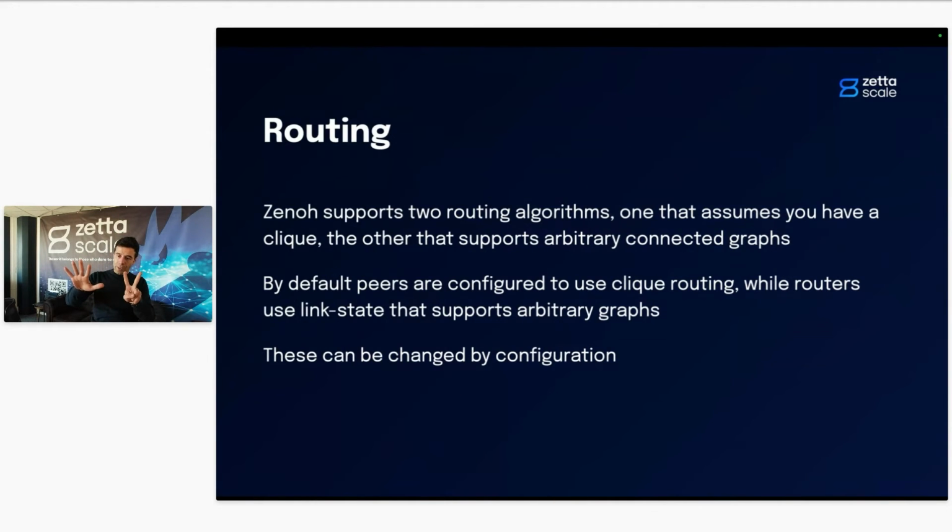And we have two routing algorithms, which can be applied depending on whether some constraints are applicable, such as I ensure that my system operates under a clique. And if I cannot ensure that, then I can use link state, which can work with any arbitrary connected graph. And now the question is, I know the graph, I know how to route. What am I going to route?